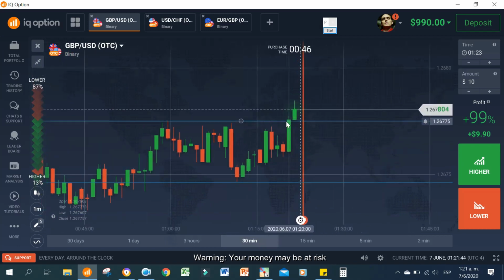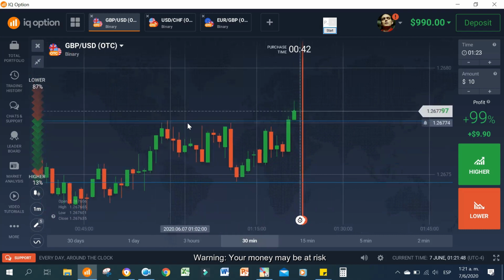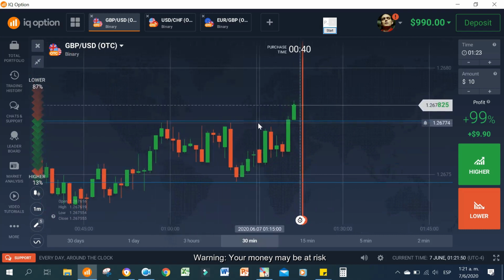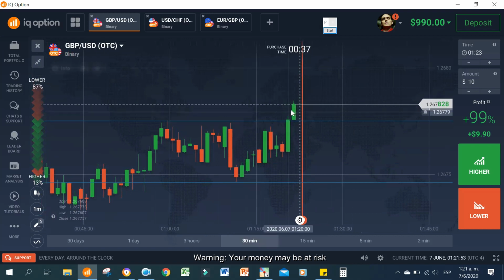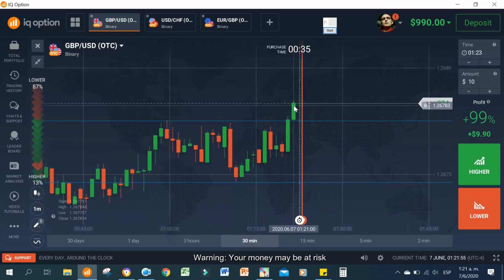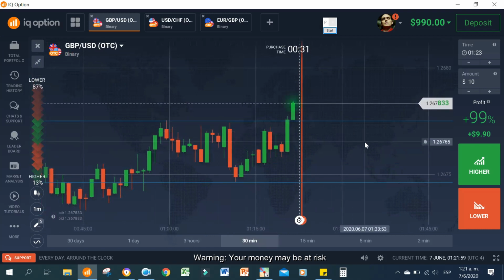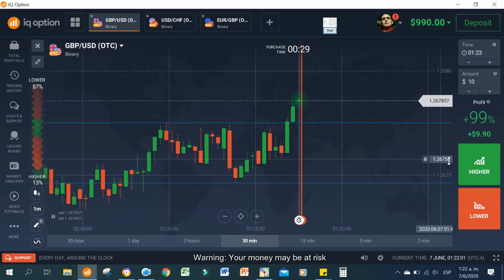The price already broke this level. It broke this resistance level. I just need to wait until this candlestick closes, and I will make a call option.